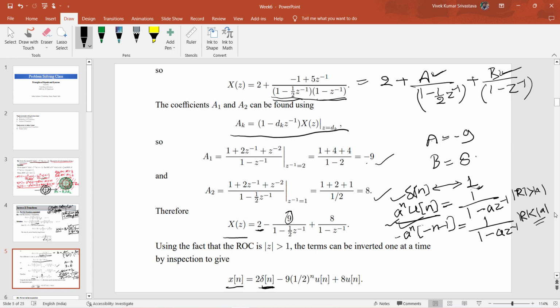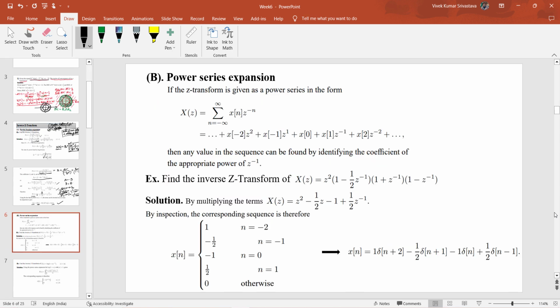So this will be 1/2 raised to the power n u[n] plus 8 u[n], because here a will be 1, so we can put a as 1, and this will be equal to u[n]. That's how we can use the partial fraction expansion method to determine the inverse z transform.